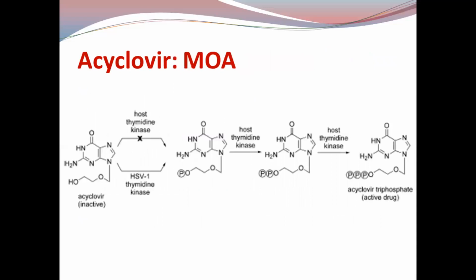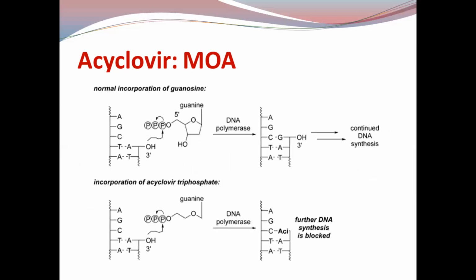Ang nangyayari dito kasi, acyclovir is phosphorylated to become an active drug. 3 times siyang ipo-phosphorylate. So 1, 2, 3, para maging active form siya na acyclovir triphosphate.